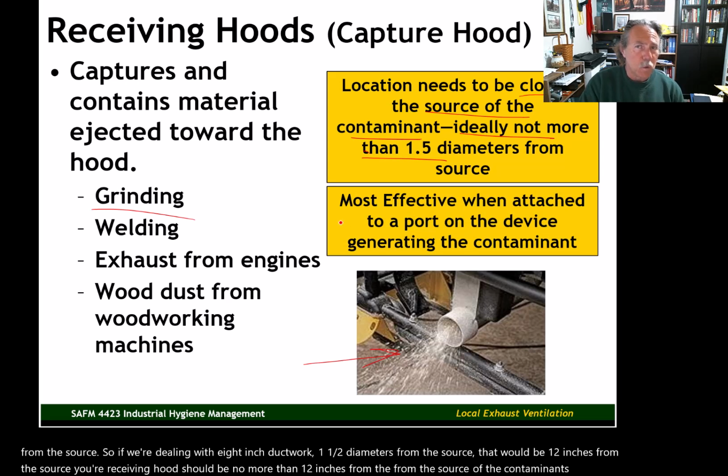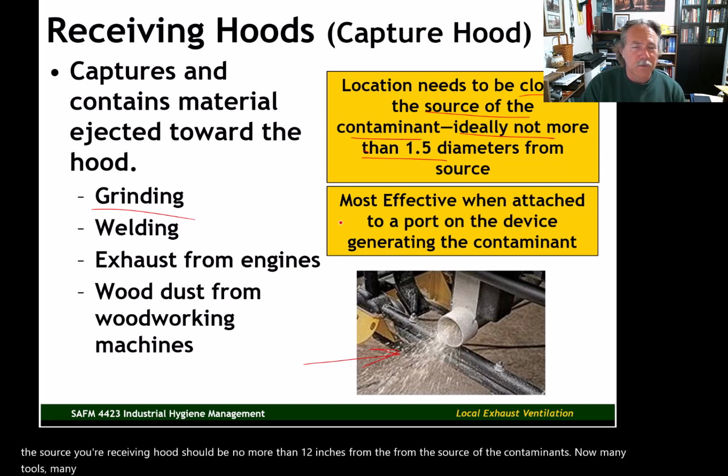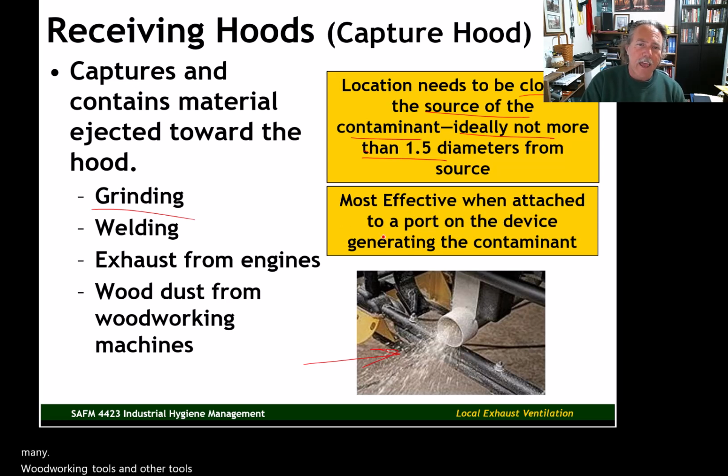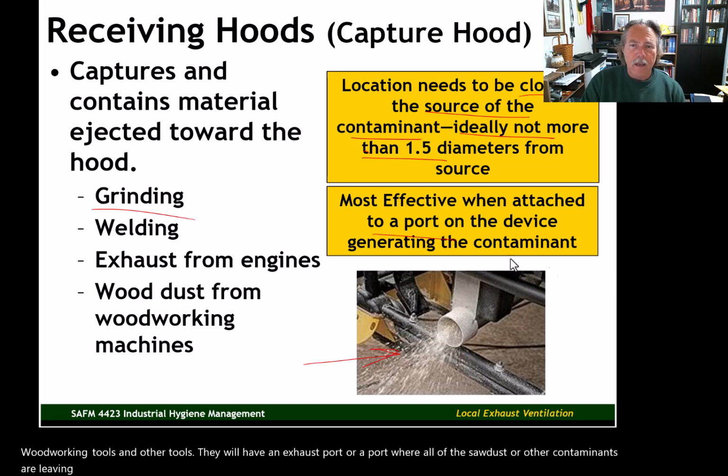Now, many woodworking tools and other tools will have an exhaust port where all of the sawdust or other contaminants are leaving the operation. And that's when we can be most effective, when the ductwork is attached directly to the exhaust port on the machine.